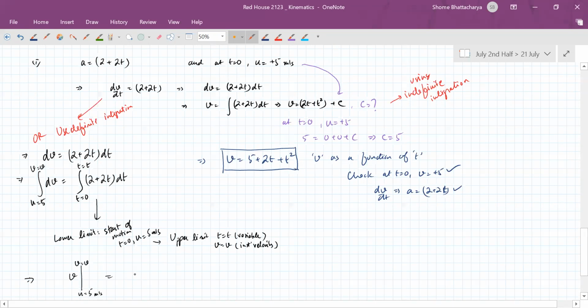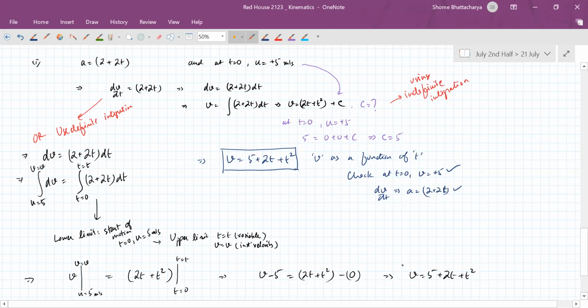And on the right hand side the antiderivative is 2t plus t square, but the limits are from t equal to 0 to t equal to t. The left hand side becomes v minus 5. The right hand side becomes 2t plus t square, that's the upper limit, minus 0, that's the lower limit.